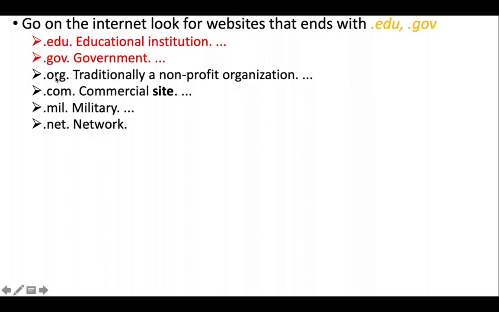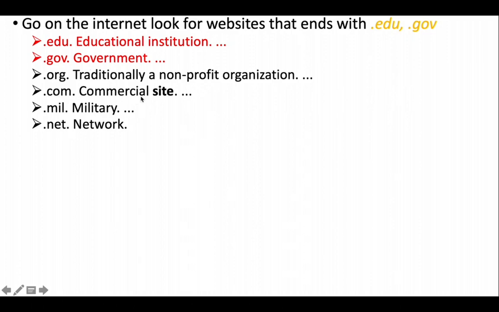When you find that the website ends with .org, it traditionally means a non-government, non-profit organization. If it ends with .com, it's a commercial site, and .mil is military, .net is network. So avoid these ones, just use these ones.